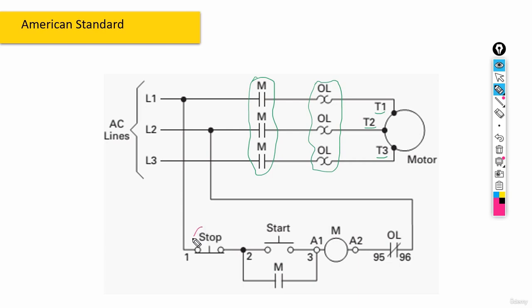For example, the stop push button is set here, and on this side we have the bimetal's or the overload relay's normal closed contact. And you can also see the terminals 95 and 96. Here we got the contactor's bobbin, then the start push button, and then here we have the contactor's contact with numbers 13 and 14.